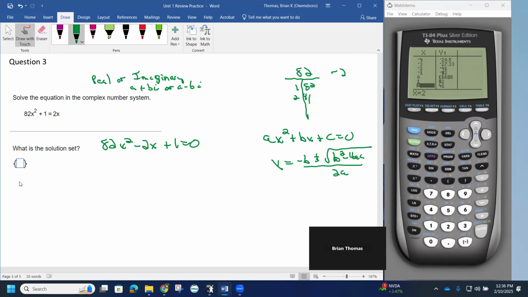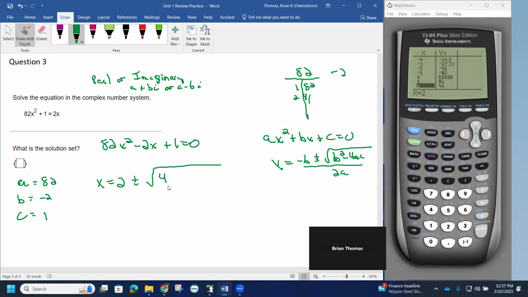To use it, we have to identify a, b, and c. So a is 82, b is negative 2, and c is 1. So x is going to equal the opposite of negative 2, which is a positive 2, plus or minus the square root of negative 2 squared, which is 4.